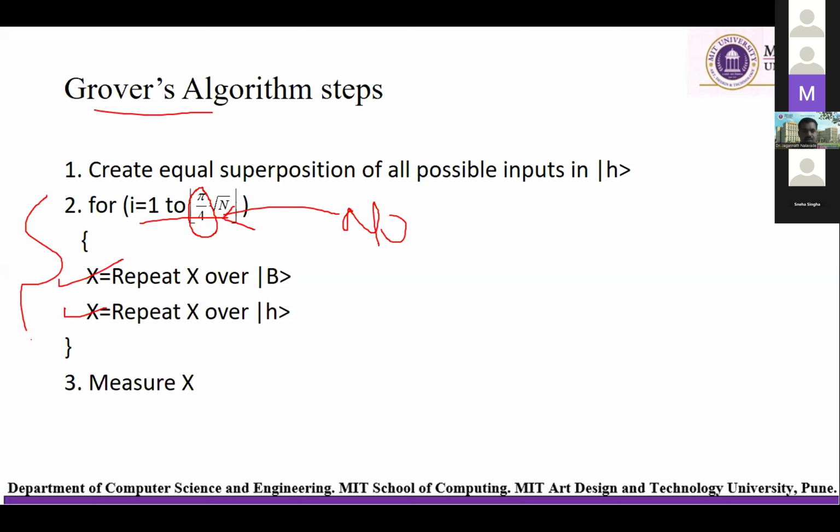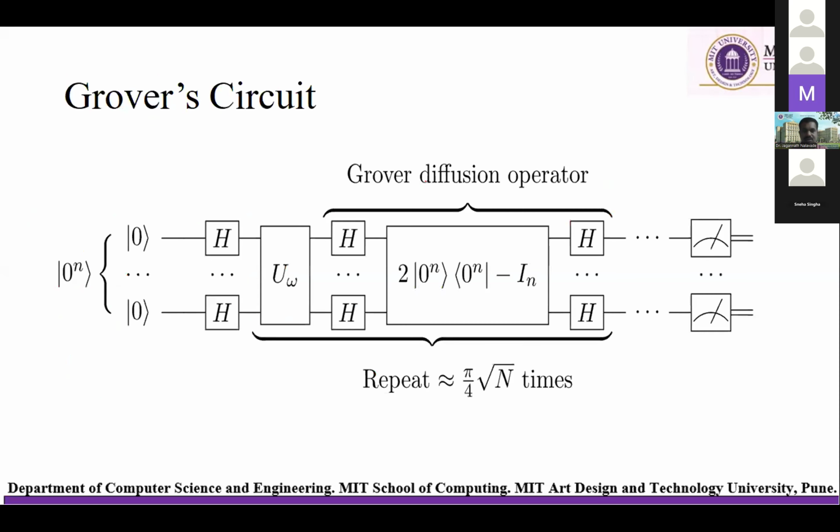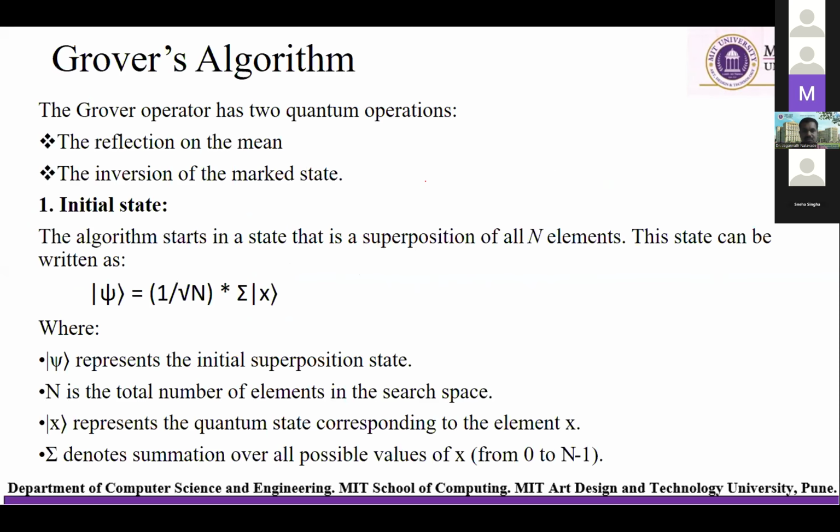The third step is to measure x. So the first is the equal superposition. We will see these steps in the next slides.